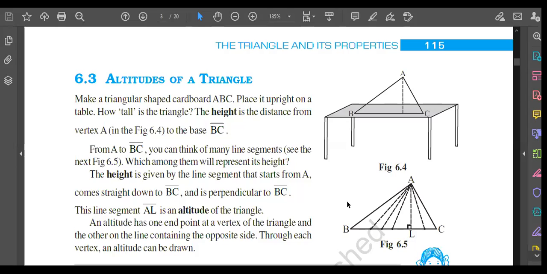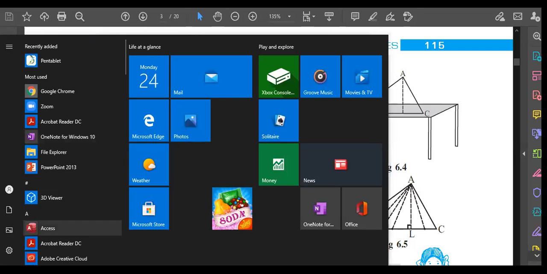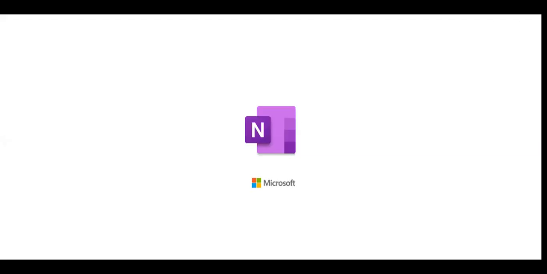Wait, something happened to my OneNote. Okay, don't worry.